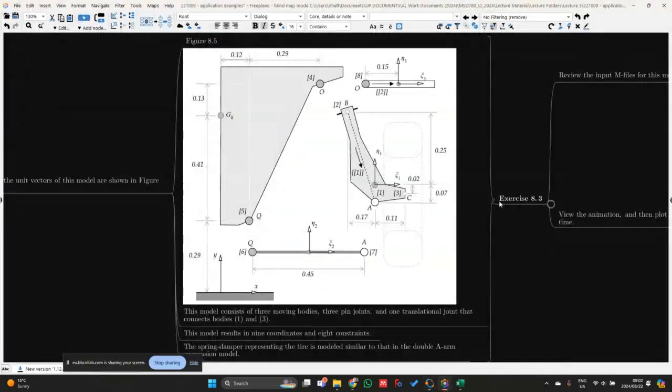And if I go back to this one, we can see point 8 is point O on body 3, and point 2 is on body 1 at point B. Okay, so I'm creating a translational joint between point O and point B.